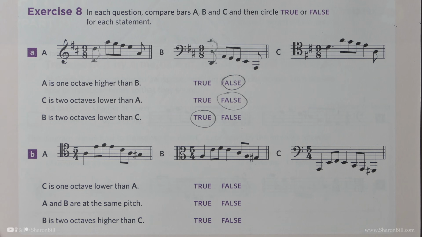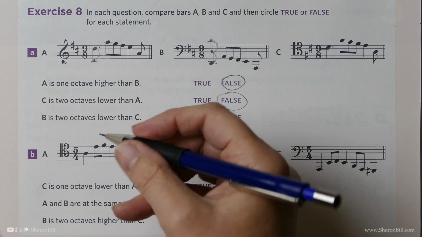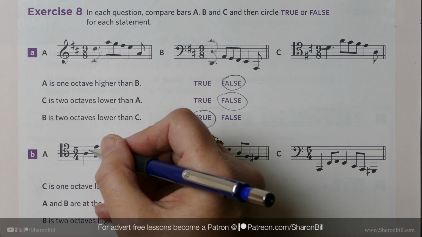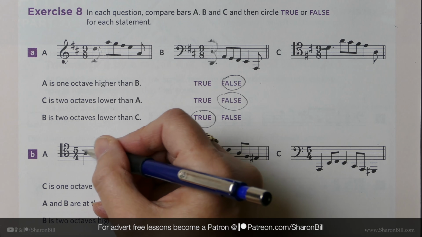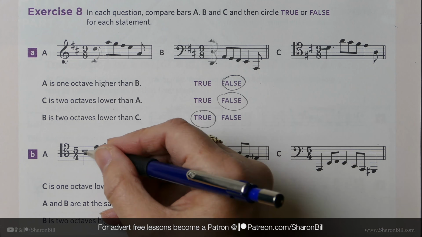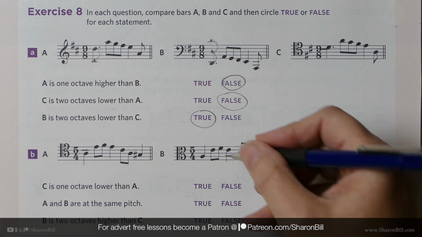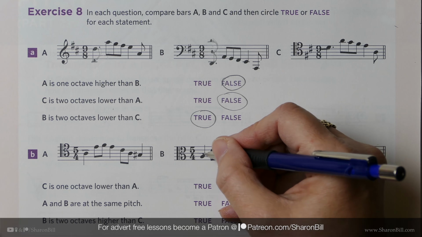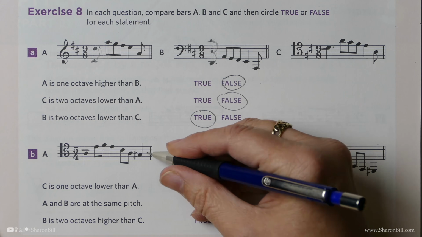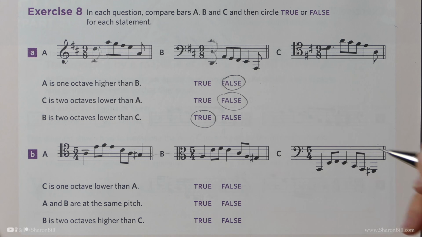Let's now continue on to the next exercise. Let's see what we've got here. So here we have C, B, A below middle C, just 1, 2, 3 steps away. Here we have C, B, A. So those two are exactly the same.